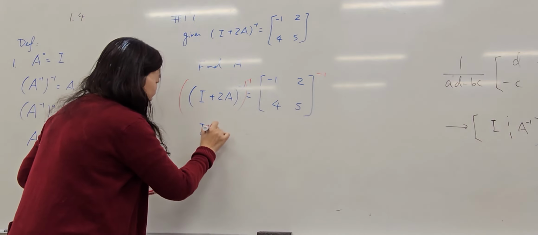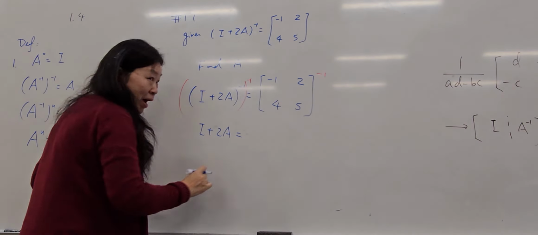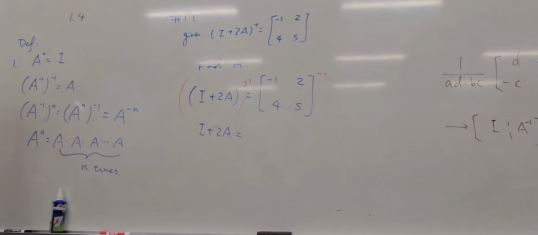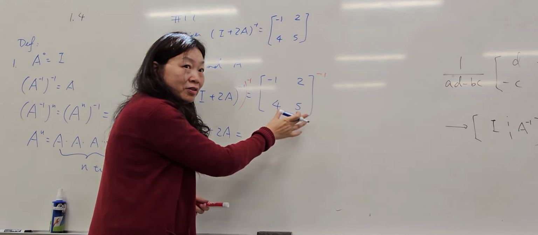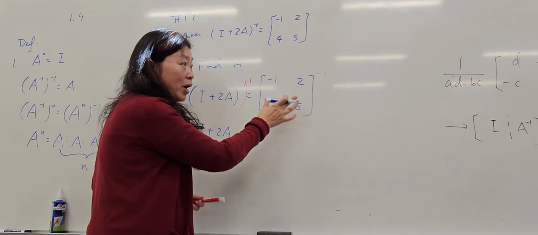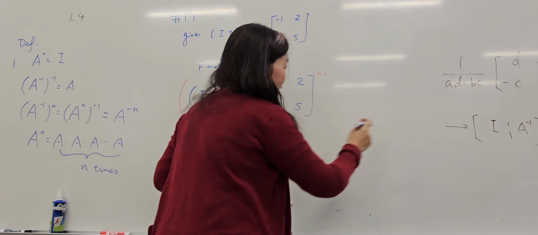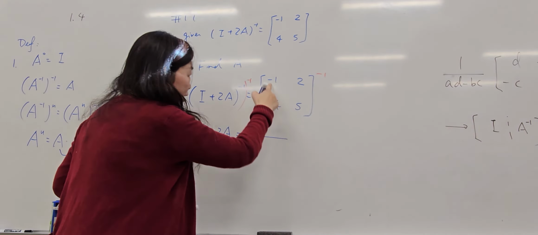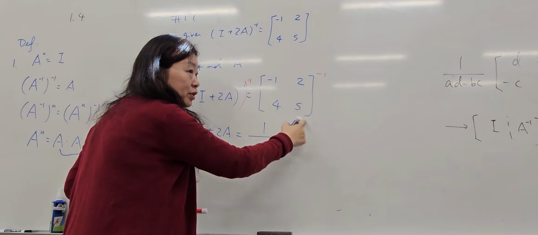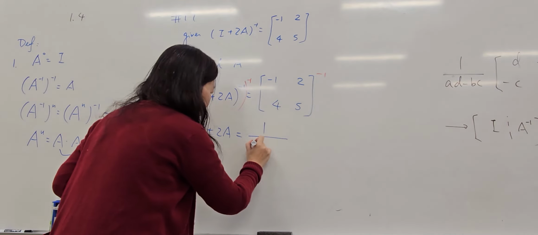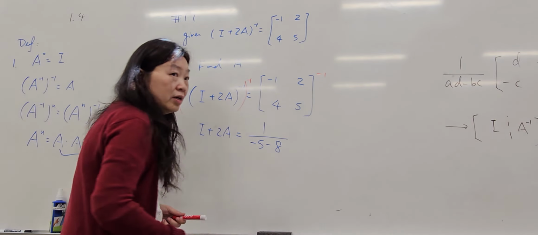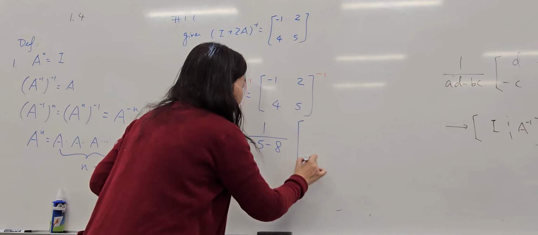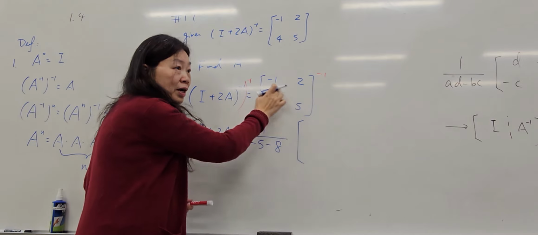As math 3, if you really enjoyed it, it's a pretty good class to understand, okay? 2 by 2 matrix, right? So using the property, okay? So 1 over, these two, the main diagonal go first, okay? So negative 5 minus 8, okay? And then switch these two numbers, okay?